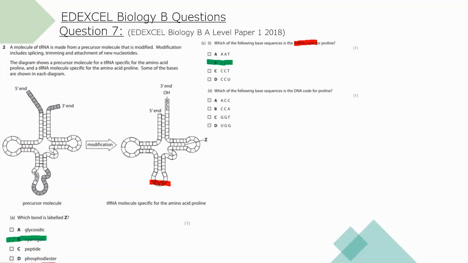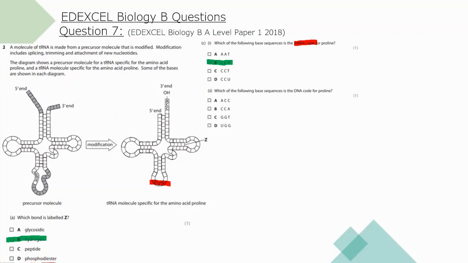The next question, which of the following base sequences is the DNA code for proline? Now I think this question is a bit ambiguous, to be honest, because when I think of DNA code, I think of the DNA coding strand. So therefore what I would do is I'd get CCA, which is obviously our mRNA code, work backwards to work out the template strand, and then work backwards again to work out the coding strand.